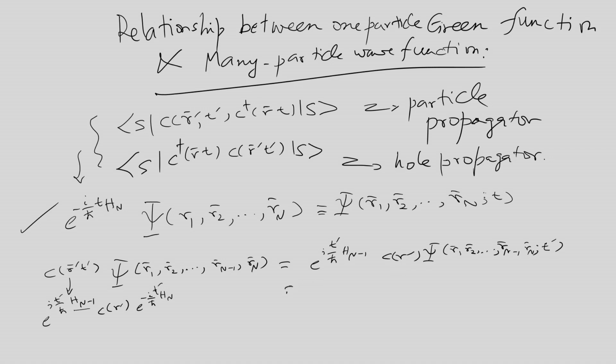Remember that when I annihilate, I pick up a square root of n, because the annihilation is basically square root of n times n minus 1. So, I am going to pick up a square root of n, and I am going to freeze the last variable.